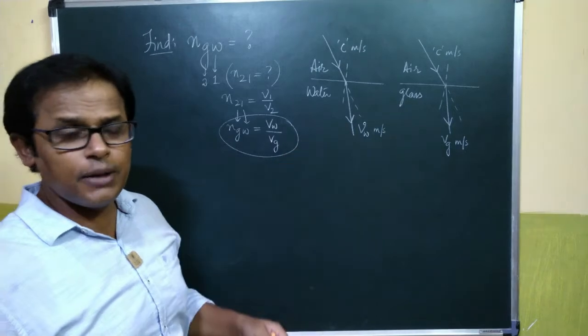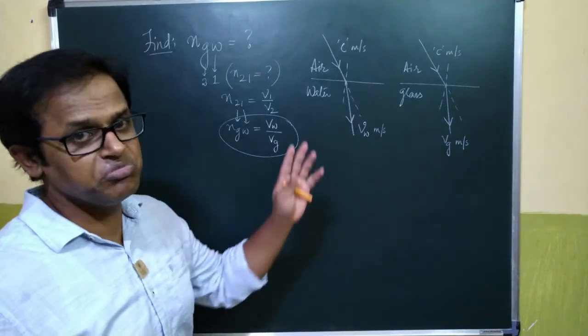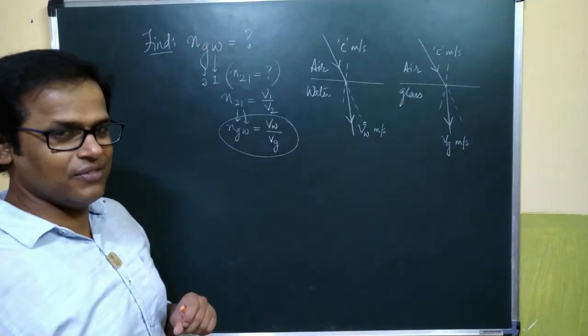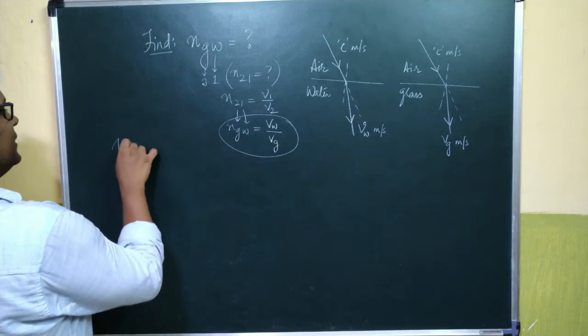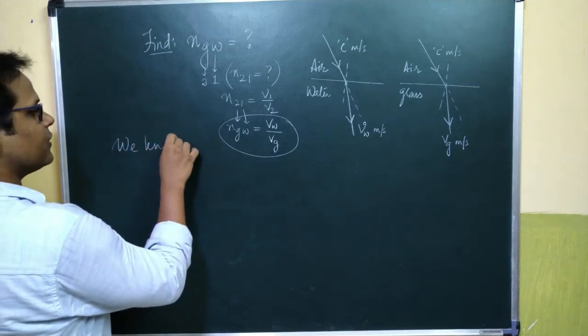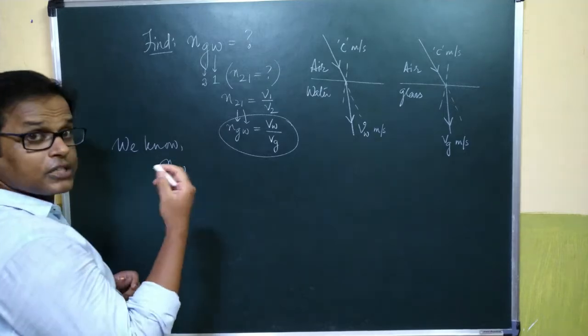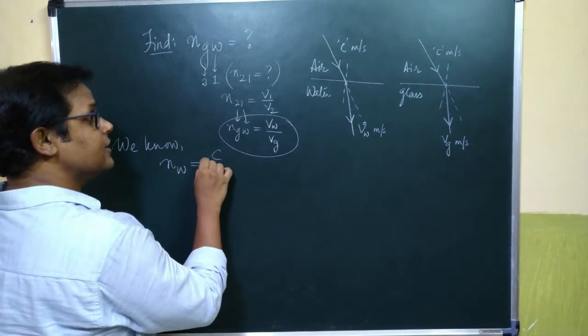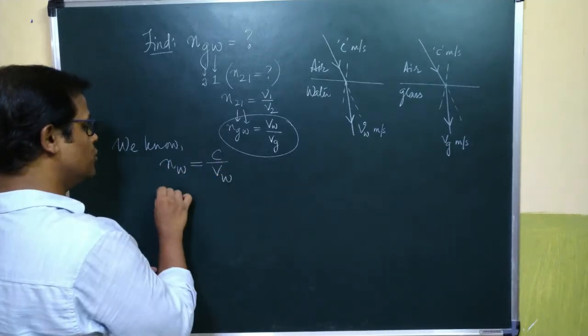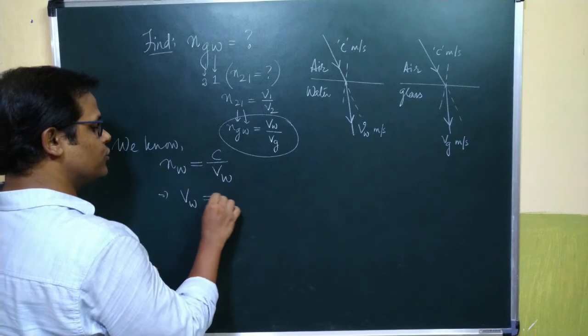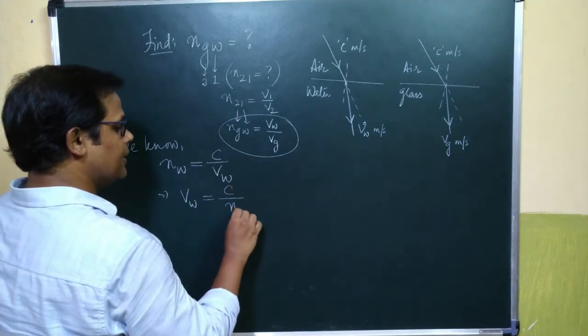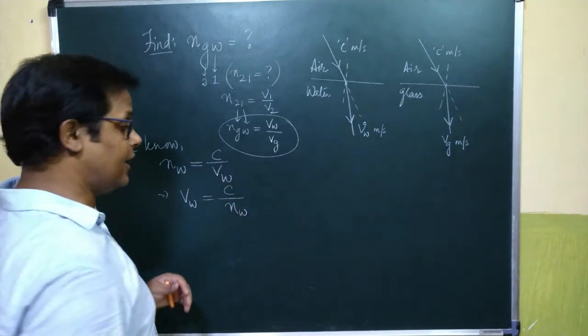Do I know what is VW? Do I know what is VG? Not directly, but we can find it. From the first scenario, the absolute refractive index of water NW could have been written as C by VW, which gives VW equals C by NW, provided you know NW.